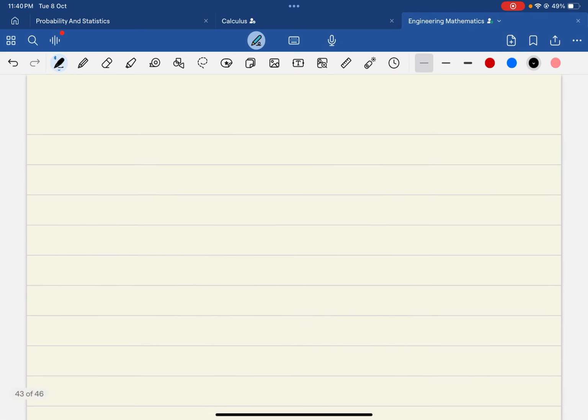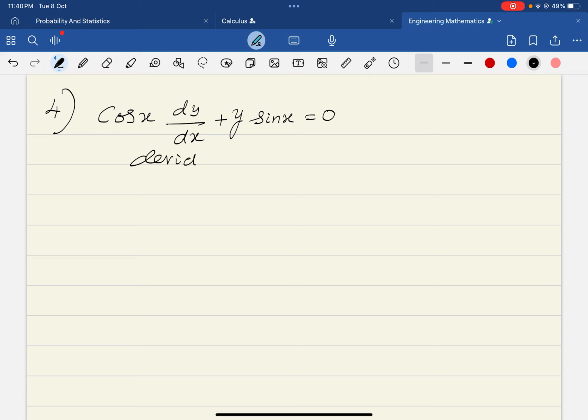So, let us now do one more problem. The fourth problem. Let us take this as cosine x dy by dx plus y sin x is equal to 0. Now, it is not in the standard form, correct? So, what do we do? We divide by cosine x.